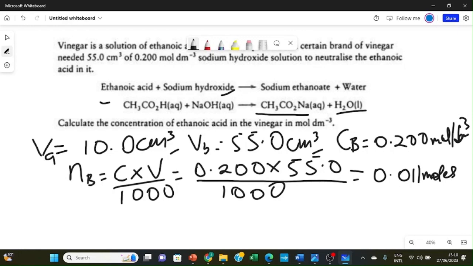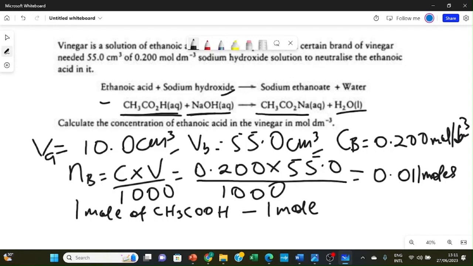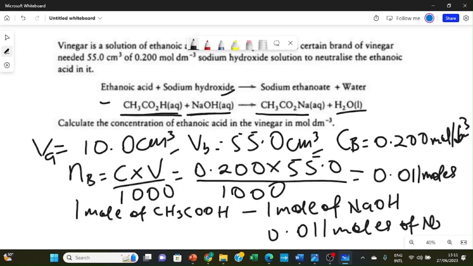Now we'll go back to the equation. From the equation, 1 mole of ethanoic acid reacts with 1 mole of sodium hydroxide, which is the base. Therefore, 0.011 moles of sodium hydroxide will react with what number of moles of the acid? So you cross multiply.